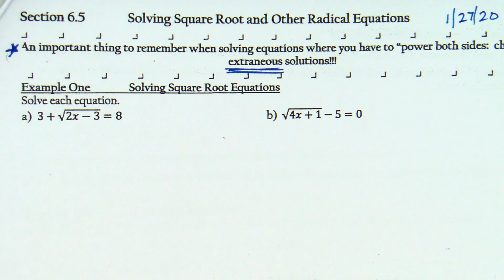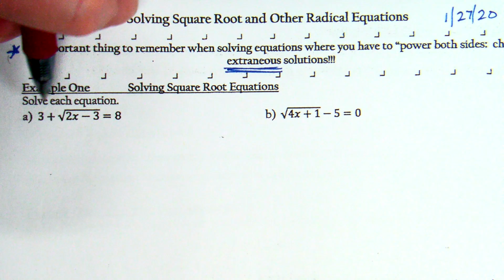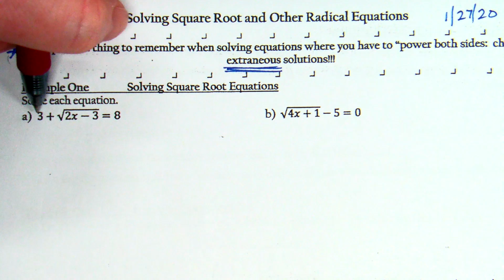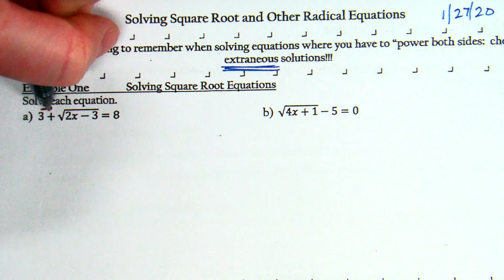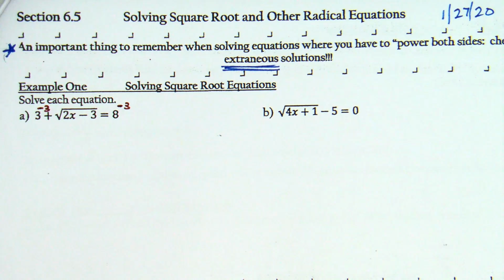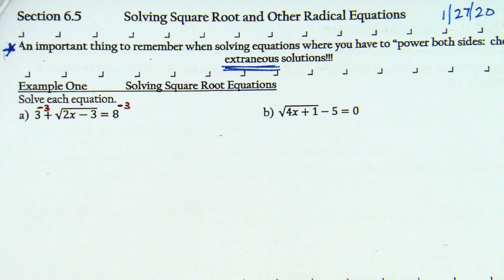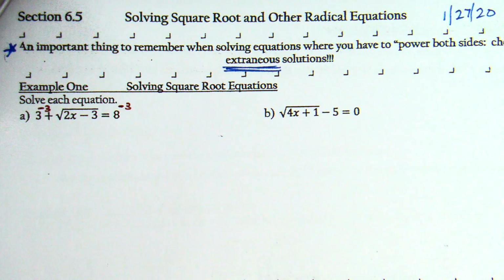So we want the radical on one side, everything else on the other side. In this case, it's 3 plus the radical. So how do I move this 3 that's being added? It's a positive 3, so we're going to subtract it. Subtract 3 from the left, subtract 3 from the right. Now 3 minus 3 cancels.